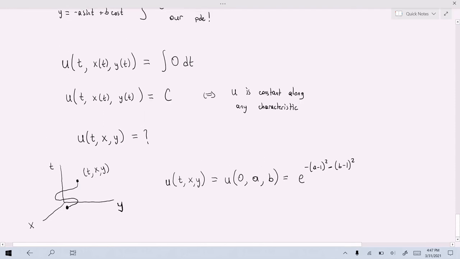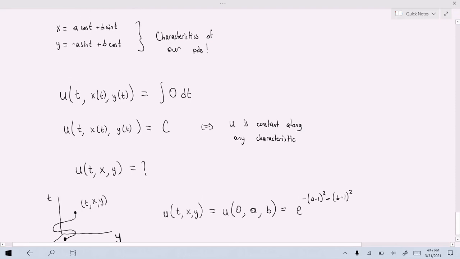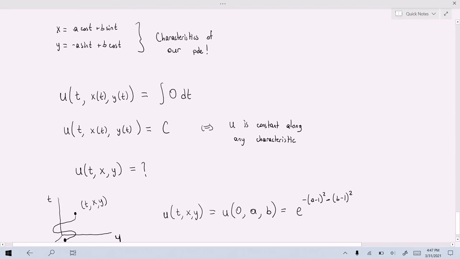But again, we would like to have our solution in terms of the actual variables x and y and t, okay? So to do that, we would need to solve for a and b in terms of x and y.